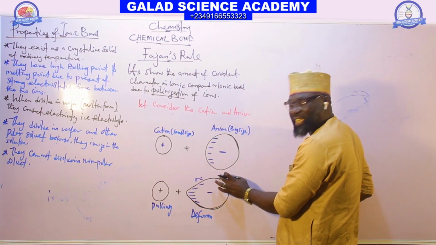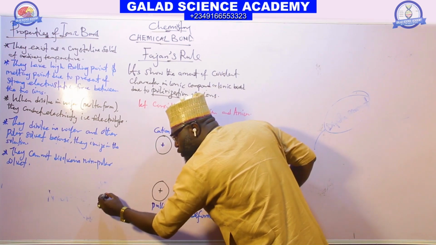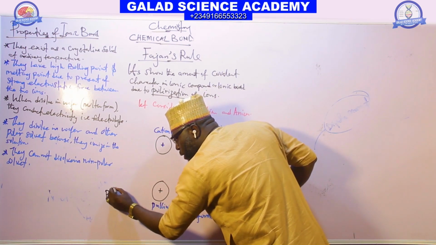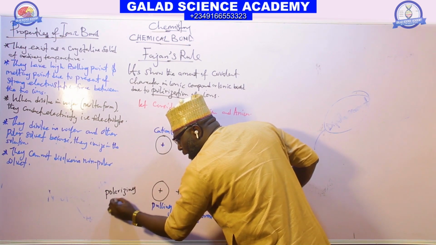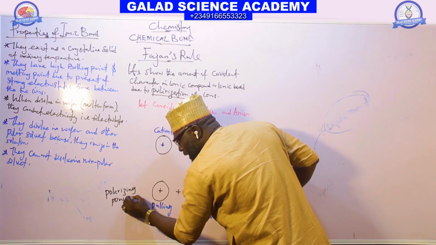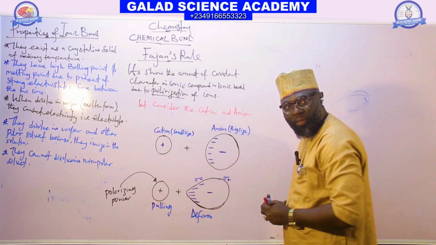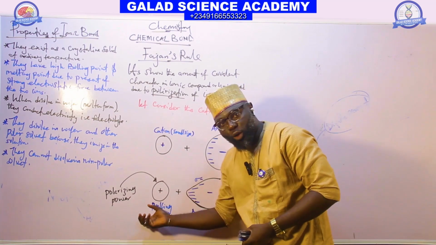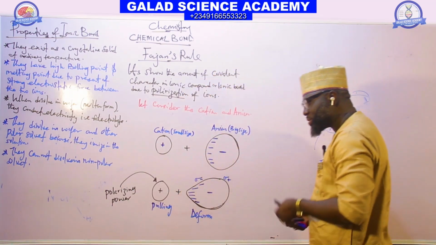The pulling ability of this cation we call polarizing power. It is for the cation.